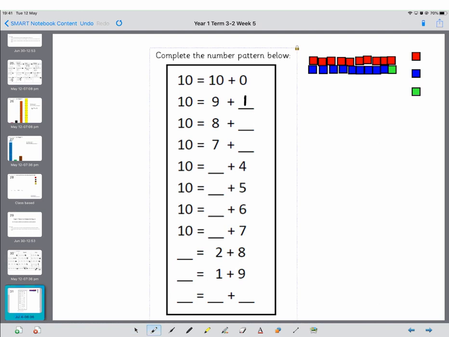Now we've got 8 this time, so I'm just going to swap one of these for one of these. And that gives us 2. And then we've got 7, so I'm going to do a swap again. Now you could do this on your number lines as well, on your beads, number beads, because now we've got 3.